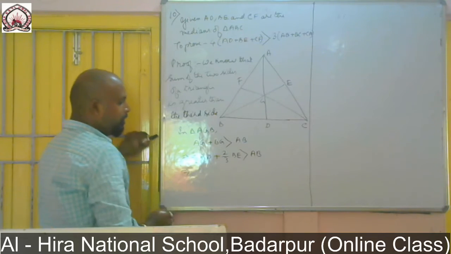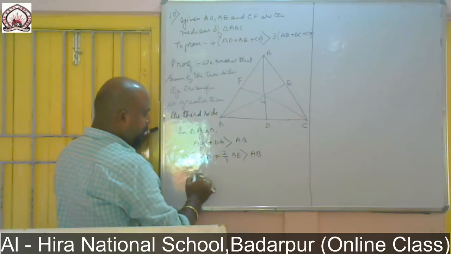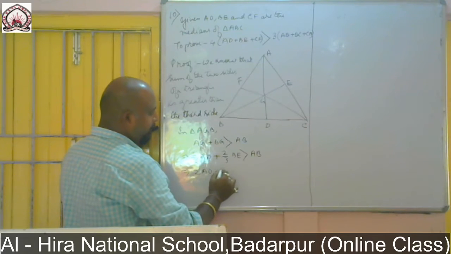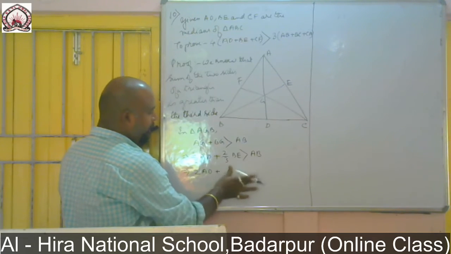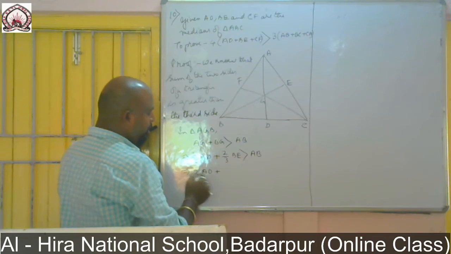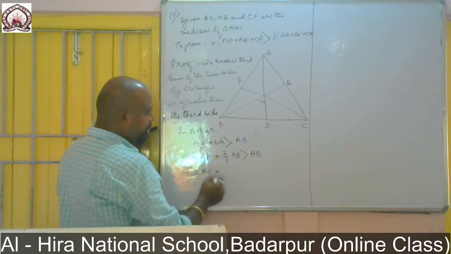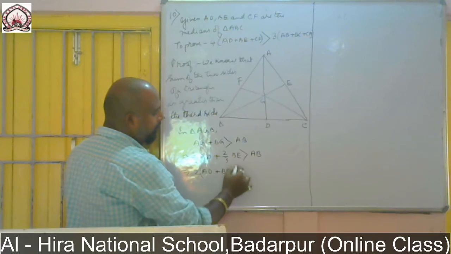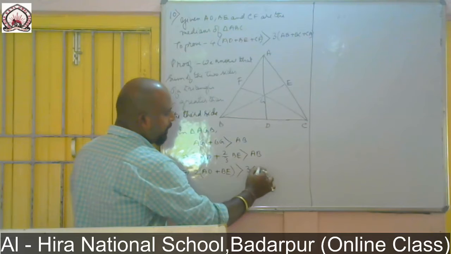Now if I solve it, multiplying with 3, we get twice of AD plus BE is greater than 3 times of AB.